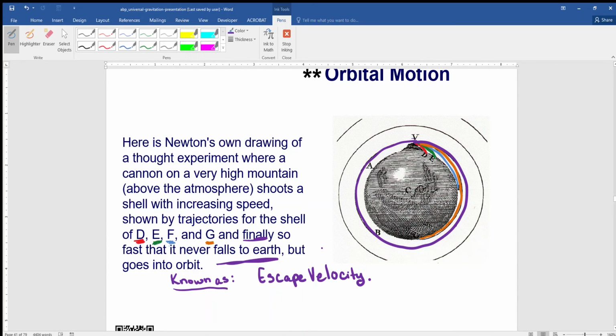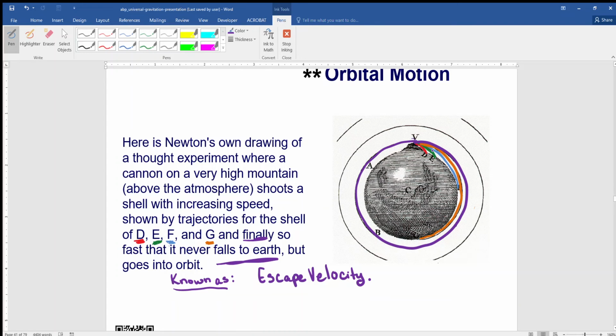Newton decided that he wanted to propose this theory about the velocity of objects in orbit. So he comes up with a thought experiment about firing a cannonball off a very high mountain. For each cannonball that he fires from this mountaintop, they get increasing velocities. And with each increasing velocity, he's able to go further.